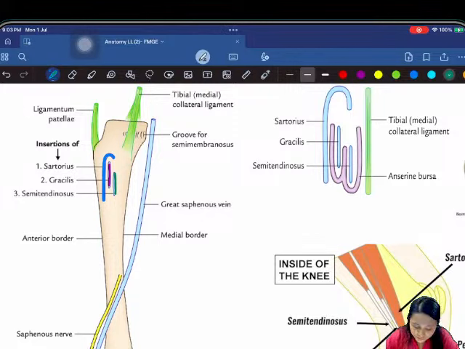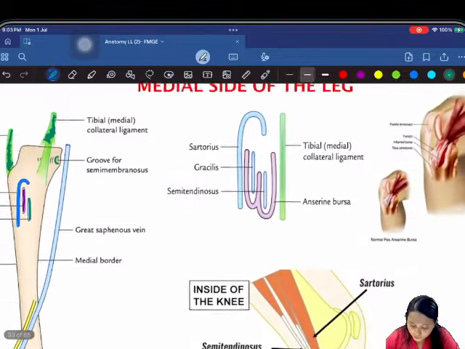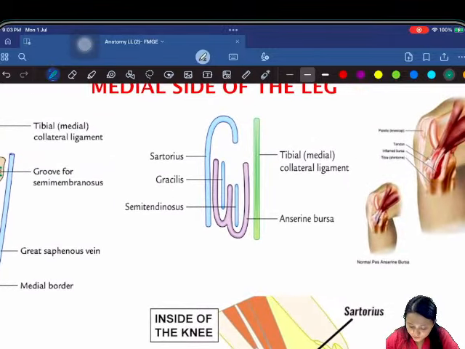You also have the groove for the semimembranosus and you have the tibial or the medial collateral ligament and you have the ligamentum patellae. ठीक है. Now this typical arrangement where you have the sartorius in a hockey stick pattern, this is the sartorius, then you have the gracilis, and then you have the semitendinosus.